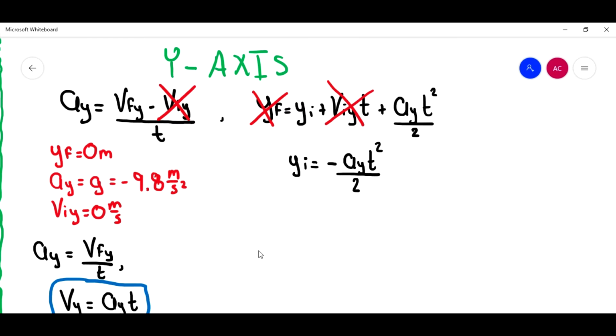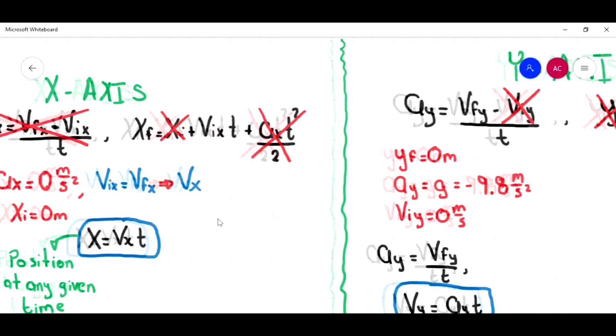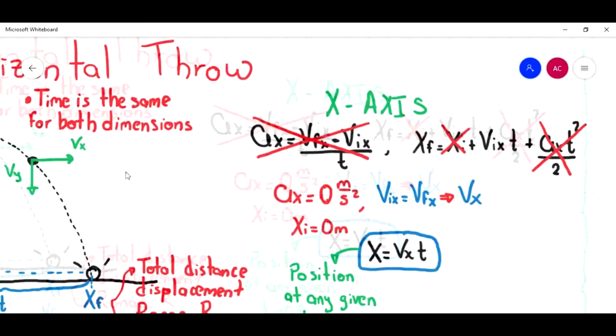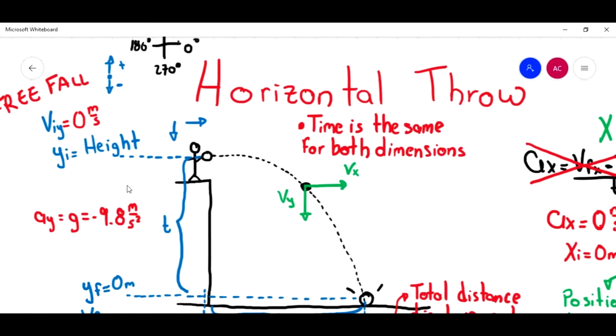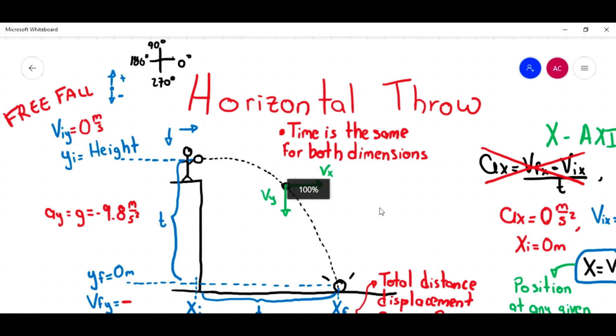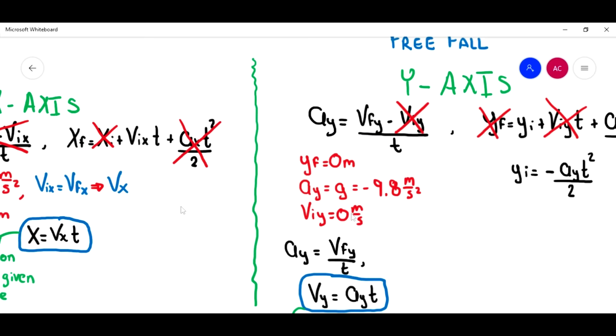That's the initial position. Just remember that initial position is the height.